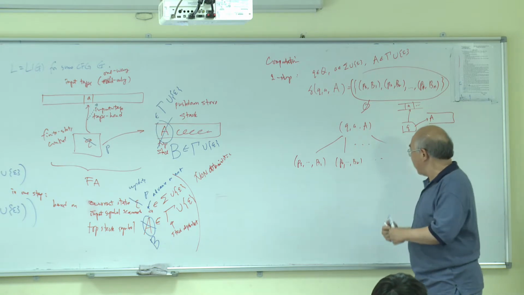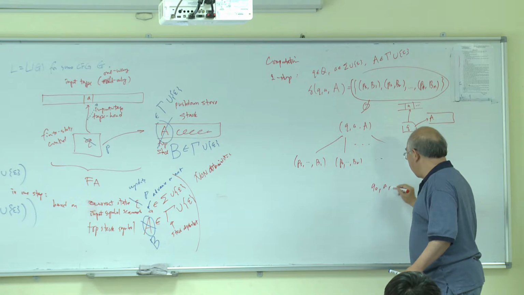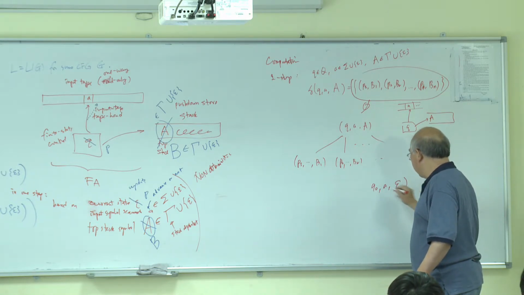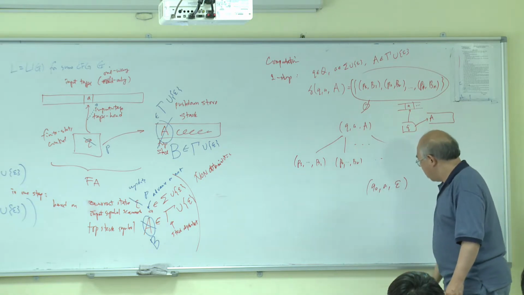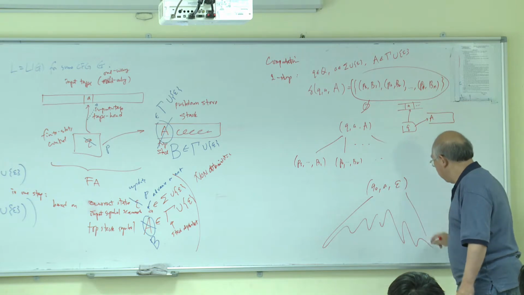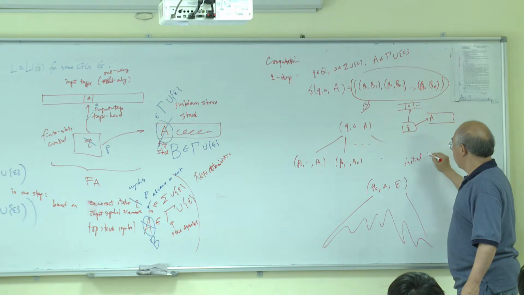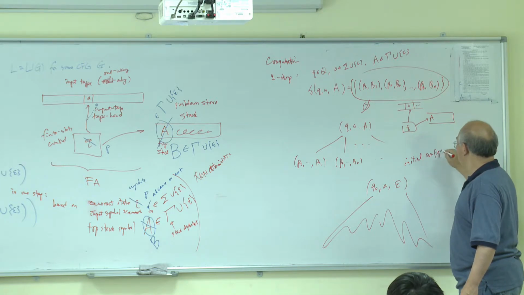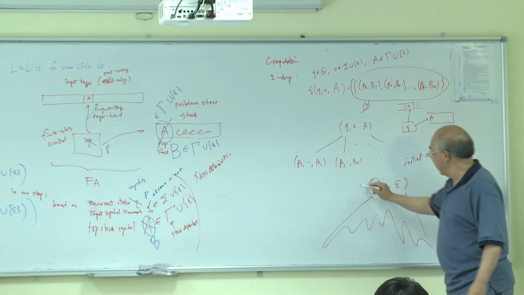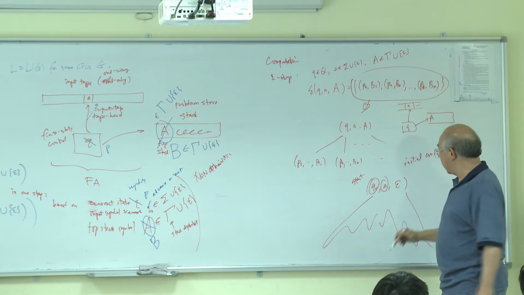So generally, if you start from Q0, say A, and the top of the stack initially is empty, you may see that this is a computation tree, right? This is the initial configuration. You start with the Q0 start state, and then A is the very first symbol being scanned.